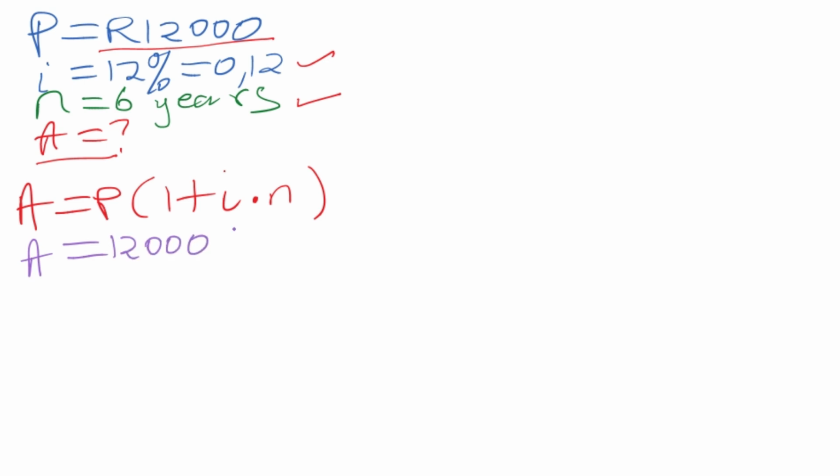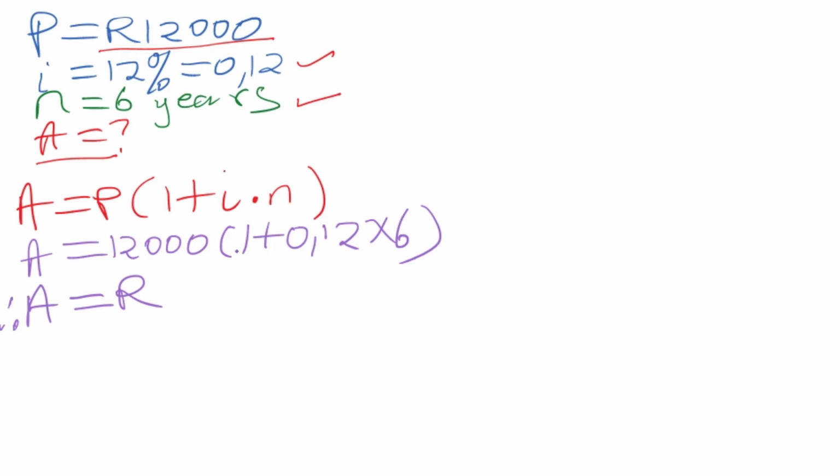So you write 12,000, 1 plus I, which is 0.12, multiply by time period, which is 6 years. Therefore the value of A, when you press your calculator, what you are going to get is 20,640. And that is the amount Gugu is going to pay.